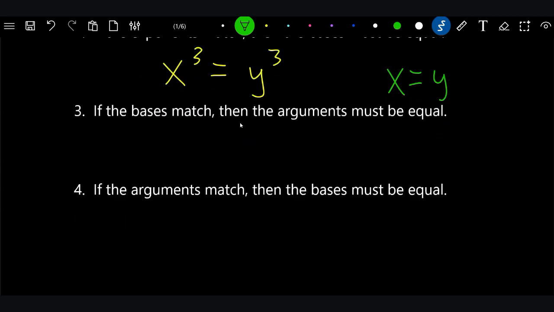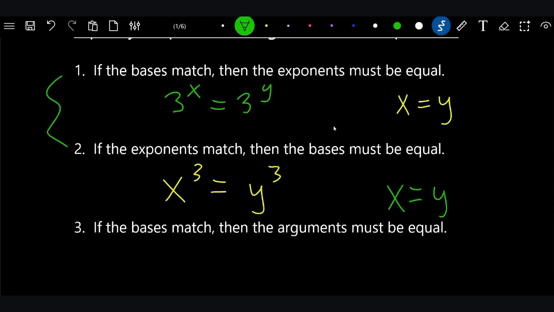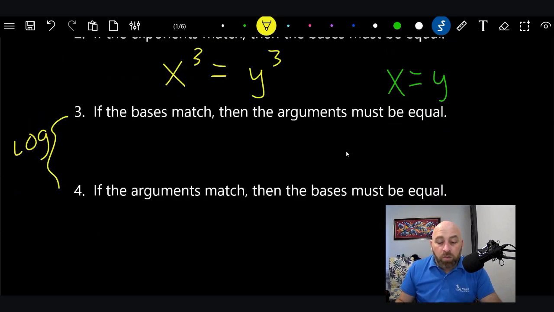Number 3. If the bases match, then the arguments must be equal. What are we talking about now? These first two right here are exponential. Number 3 and number 4, we're dealing with log. So these are logarithmic. What does this mean?